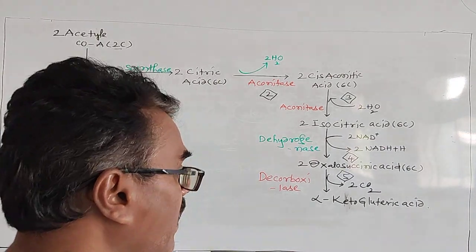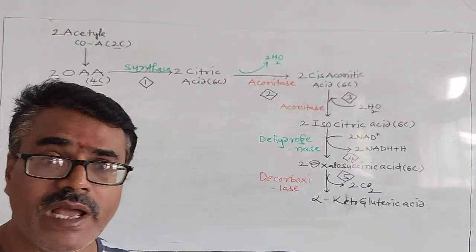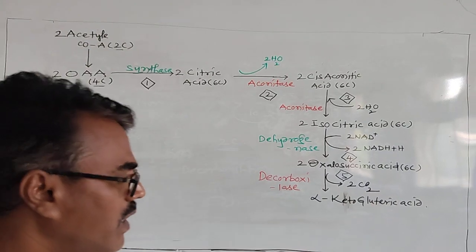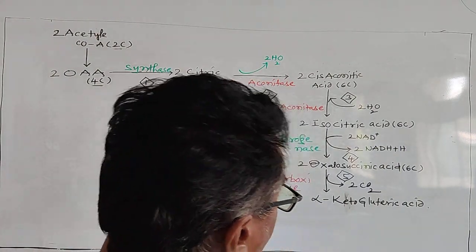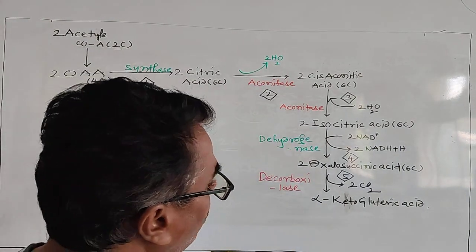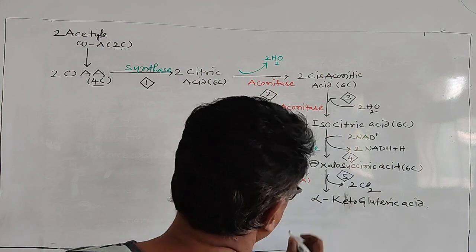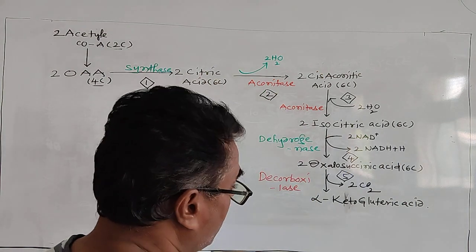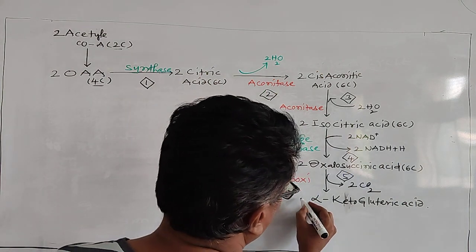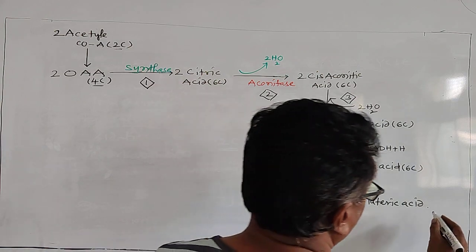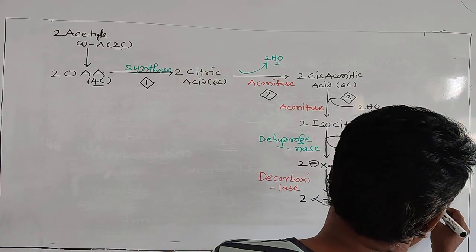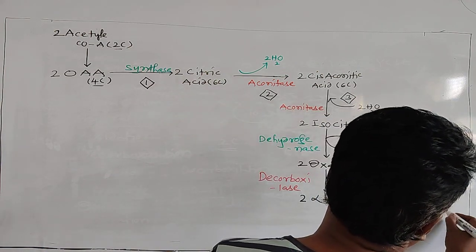Next, we discuss the sixth chemical reaction. For these 2 moles of alpha ketoglutarate acid, the carbon number is a must. The alpha ketoglutarate acid is a 5 carbon compound.